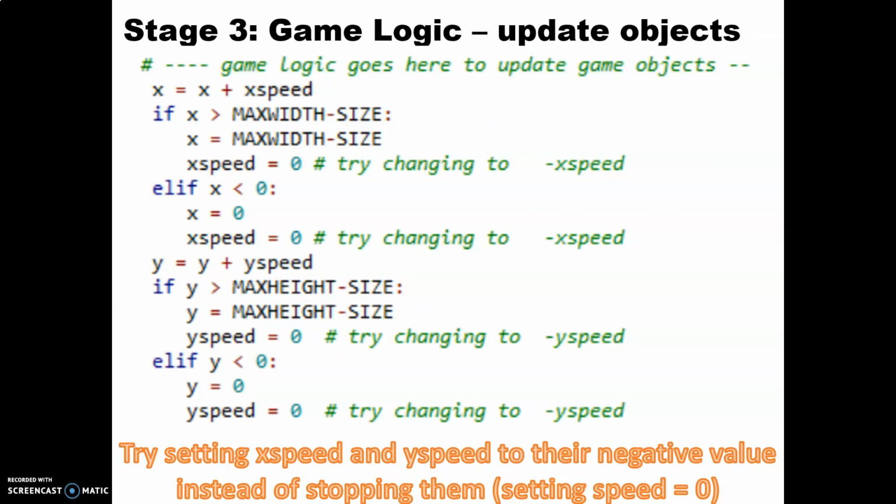In addition to this, we also had to add some position game logic. This is the part of the game where, behind the scenes, the player's position is updated before it's drawn on screen. And we had to prevent it going off the edge of the screen, and when it got to the edge, we had to stop it dead in its tracks by setting the X speed or the Y speed to 0.